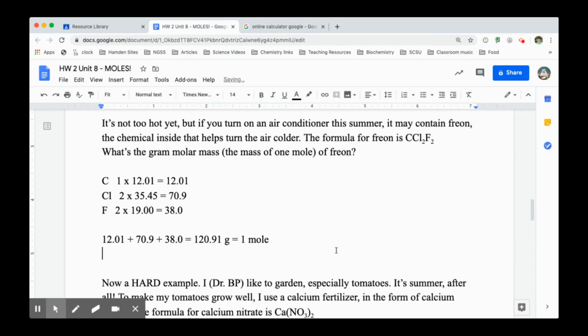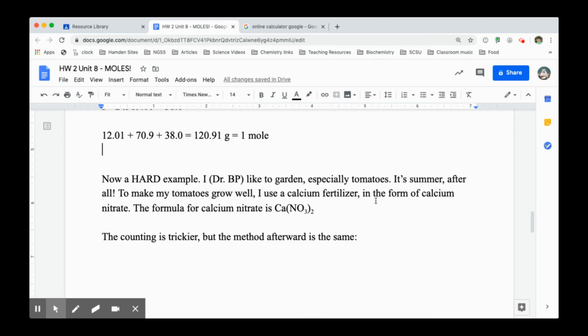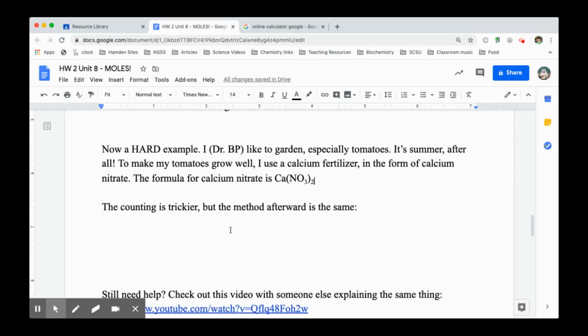Here we go. In the summertime, I like to garden, especially tomatoes. They're so good. To make my tomatoes grow well, I use a calcium fertilizer that has the formula calcium nitrate, Ca(NO3)2. This formula is a little bit harder. Now we have that family in parentheses for the nitrate. So let's count them.